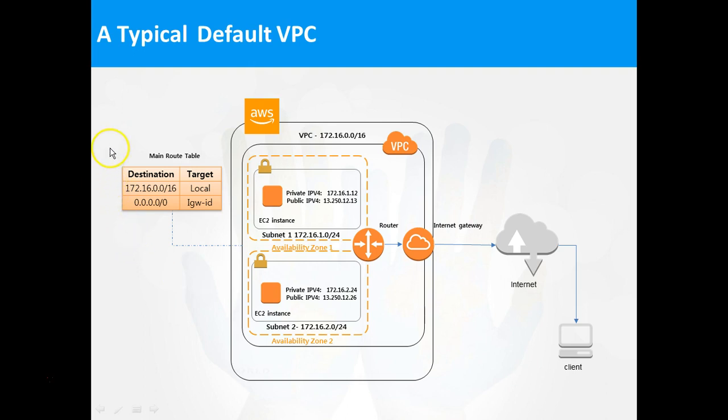You can see the route table is already updated with the public route. This is also done by AWS.